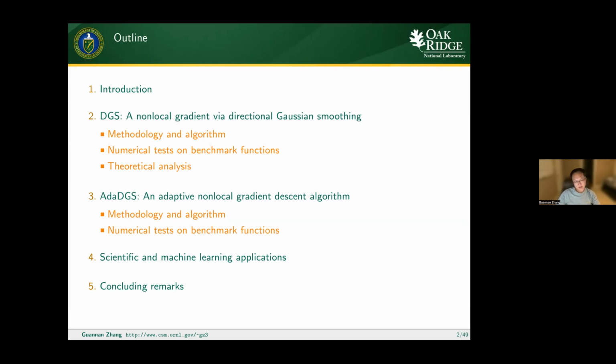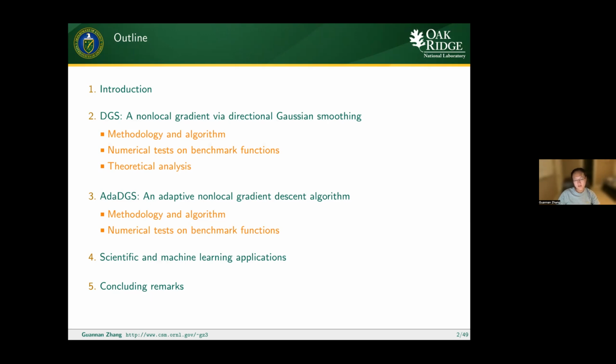The next section is about the adaptive non-local gradient descent. Basically, the non-local gradient we define has several sensitive hyperparameters, and the performance of the non-local gradient depends on them.